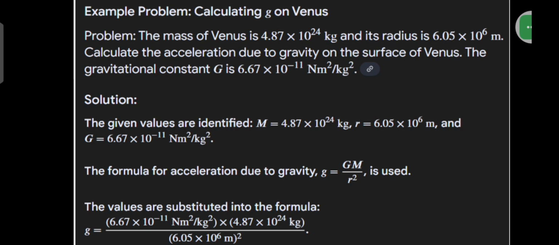The formula for acceleration due to gravity, g is equal to GM over R squared, is used. The values are substituted into the formula. g is equal to 6.67 times 10 raised to the power of negative 11 N·m squared over kilogram squared times 4.87 times 10 raised to the power of 24 kilograms over 6.05 times 10 raised to the power of 6 squared.